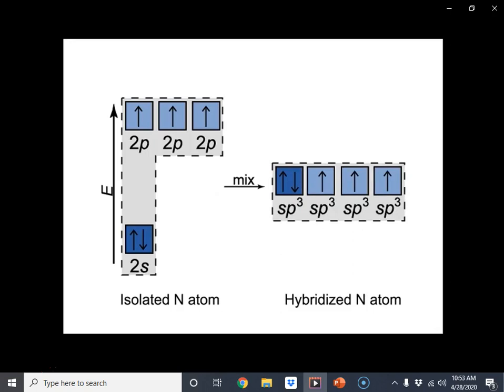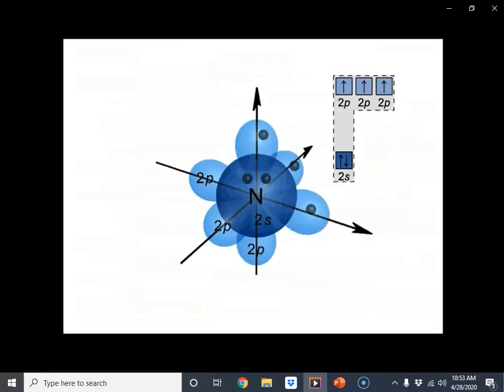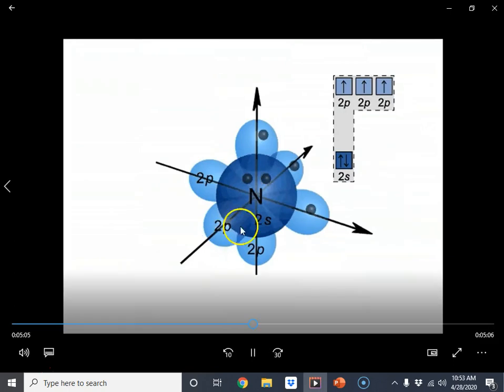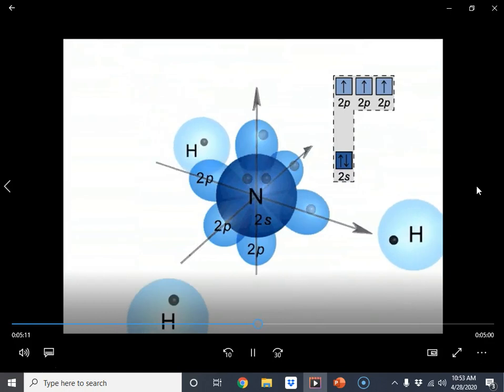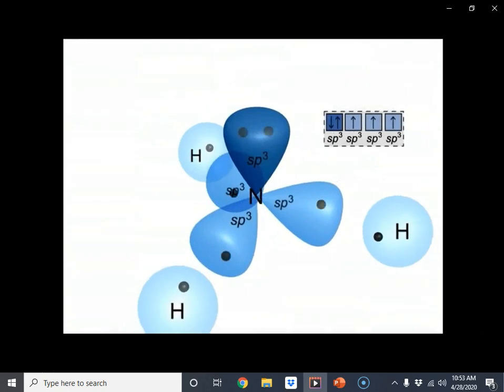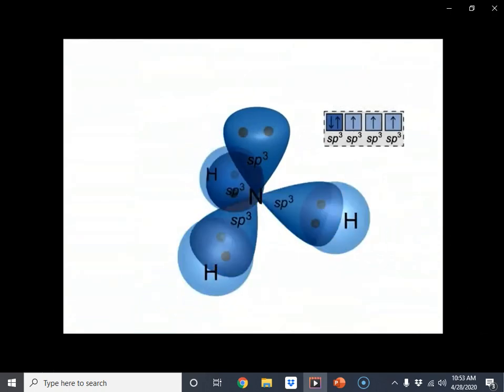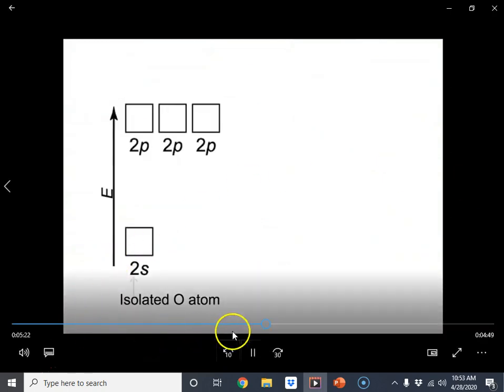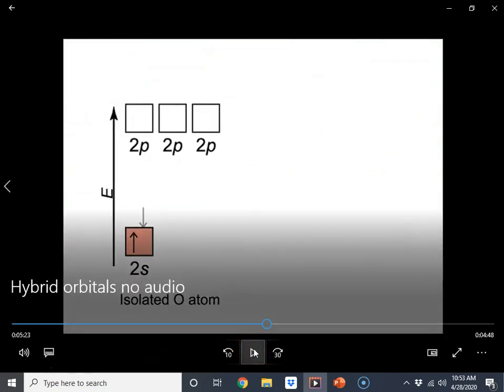Only 3 of them are available for bonding, and that filled one, that's where we have the lone pair. So here's the 5 valence electrons. The nitrogen is shown as its atom, but now it's going to mix to form those sp3s, and 2 of those electrons are in the lone pair, and it's only available to form 3 other bonds.